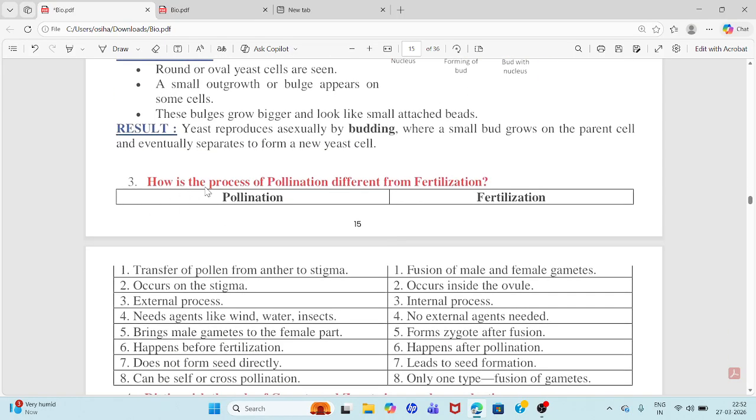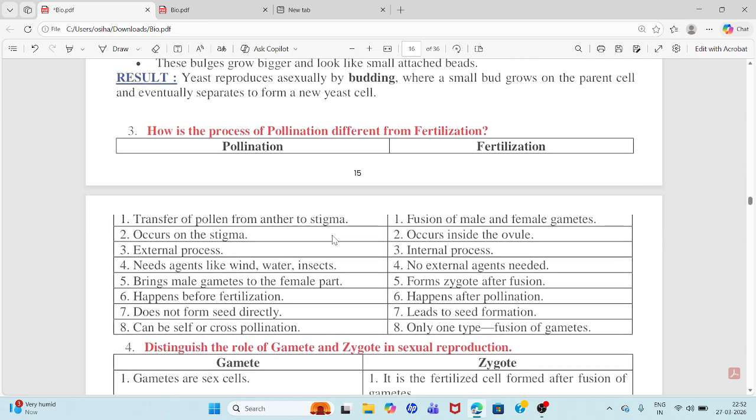Third activity. How is the process of pollination different from fertilization? You have to write the difference between pollination and fertilization. This is very important. Pollination: transfer of pollen from anther to stigma. Fertilization: fusion of male and female gametes occurs inside the ovule.